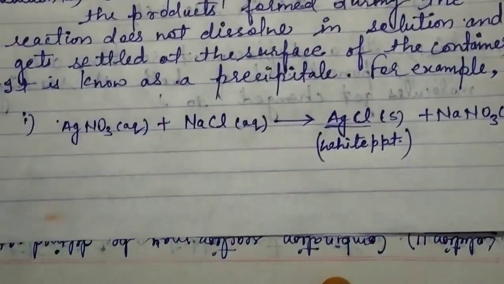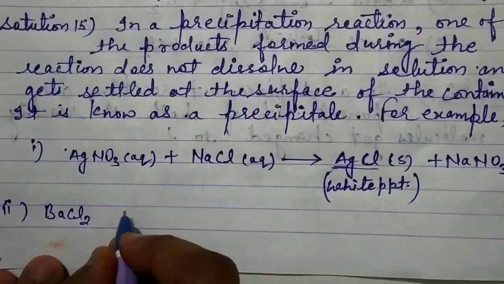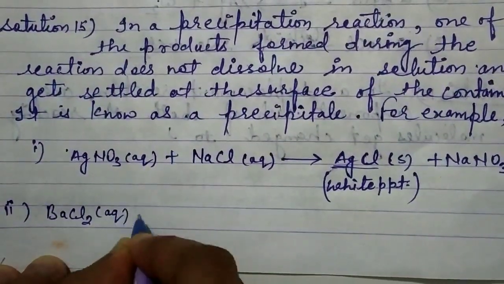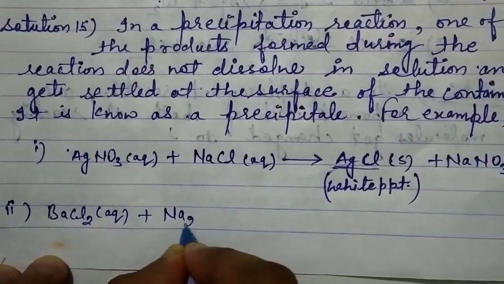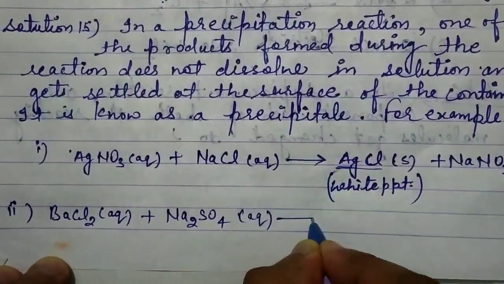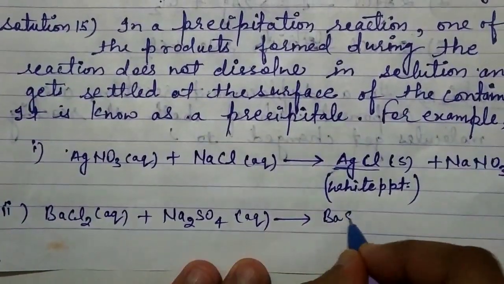Now, second example, BaCl2. Both reactions are very important. BaCl2 is aqueous. It reacts with sodium sulfate and gives rise to barium sulfate.